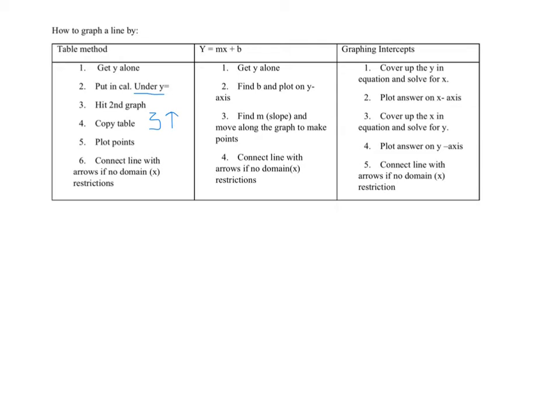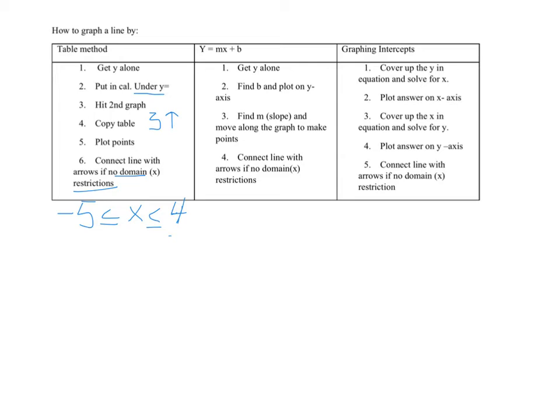Plot the points, connect the line with arrows, if no domain x restrictions. So what does that mean with no domain restrictions? Let's reiterate that. If it said that it wants you to graph a line from -5 is less than or equal to x, less than or equal to, let's say, 4, that is a domain restriction. Okay, it only wants your table to go from -5 to 4.